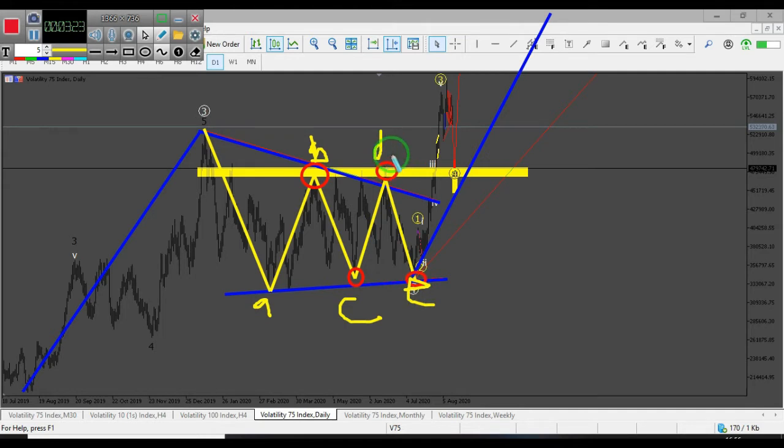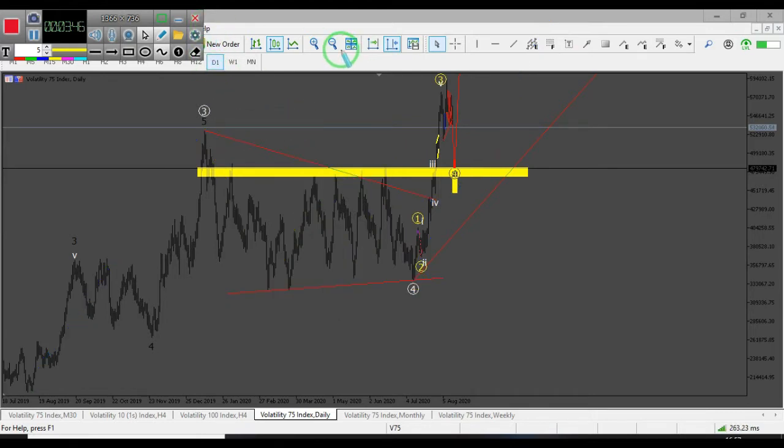Right, wave D breaks the end of wave B, same as E breaks C. So that is why I say this thing violates the Elliott wave rules. However, the bigger structure conforms with this, that this is a triangle.